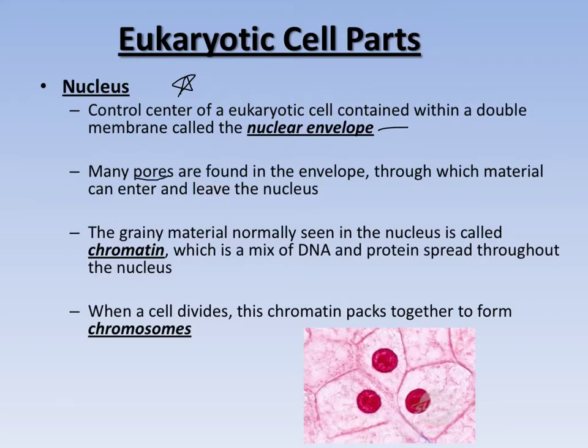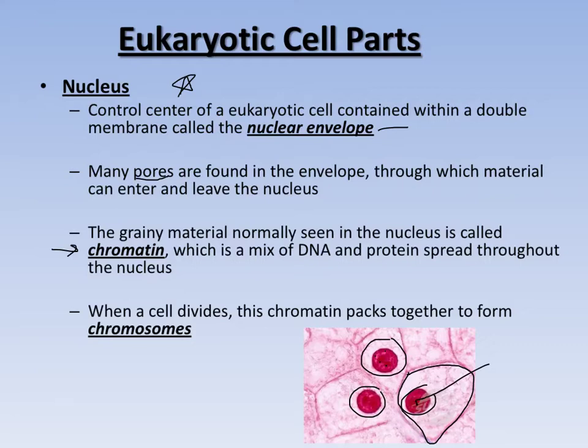Inside of a normal nucleus, you see 3 nuclei down here. So we've got 3 different cells. Kind of outline a cell here, and then inside there is going to be the nucleus in that darker red. And you notice that inside here it's kind of splotchy. That grainy or splotchy material is called chromatin, and this is a mix of DNA and protein that we find in the nucleus.